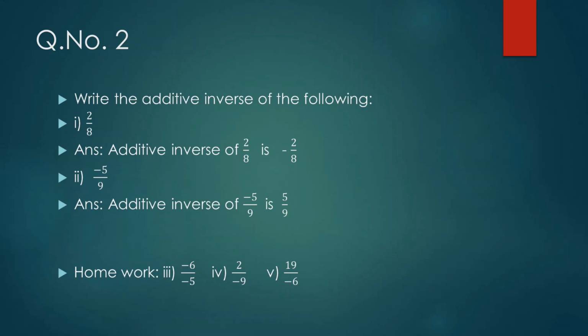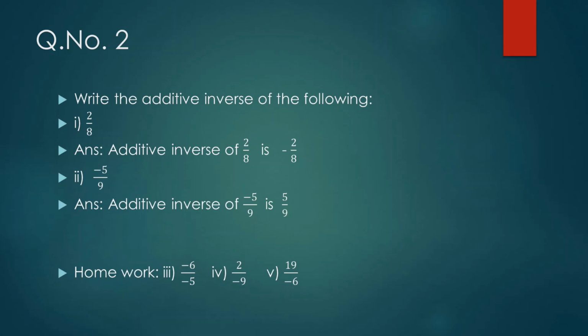Now let's move to the second question. What is the second question? Question number 2: write the additive inverse of the following. What is additive inverse? Inverse means opposite, isn't it? So if the number is positive, then the inverse is negative, and if negative, the inverse is positive.